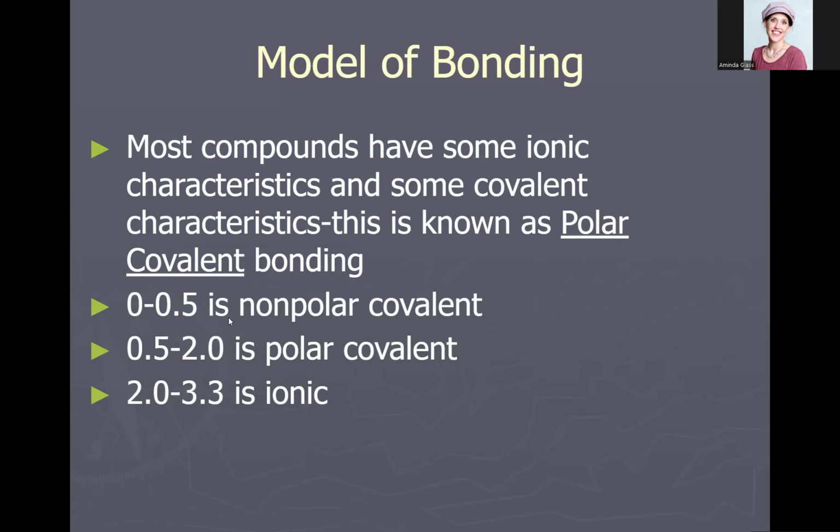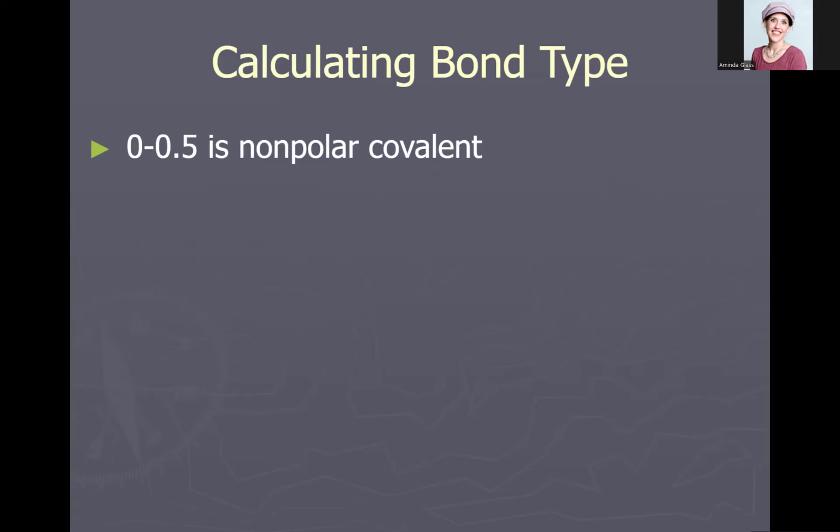If the difference between electronegativities is between 0 and 0.5, it's going to be nonpolar covalent. But if your electronegativity difference is between 0.5 and 2.0, it's going to be polar covalent. If the electronegativity difference is greater than 2, then it is an ionic bond, and that means, of course, that there is that complete transfer of electrons.